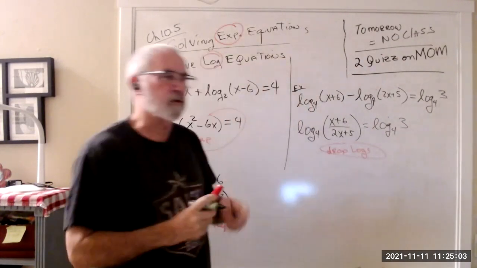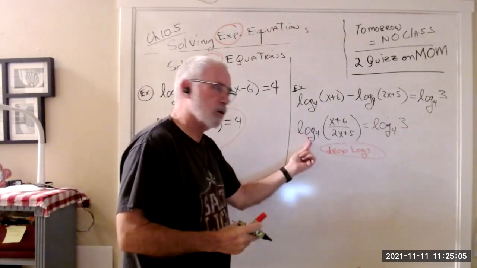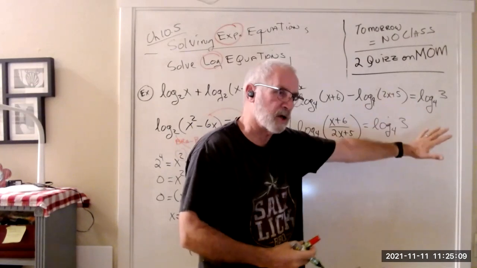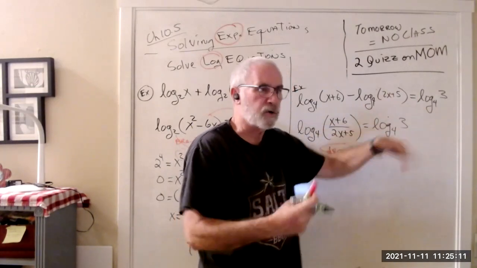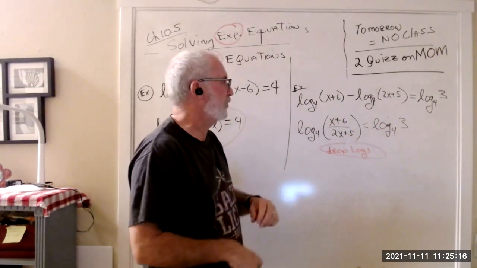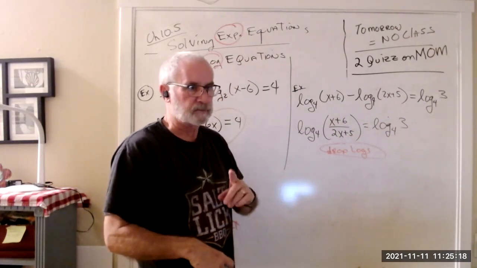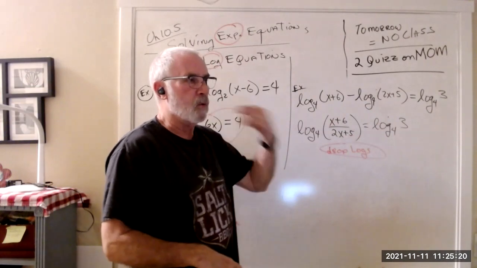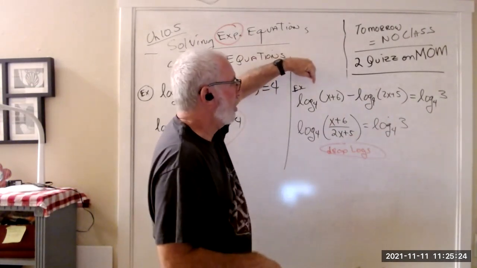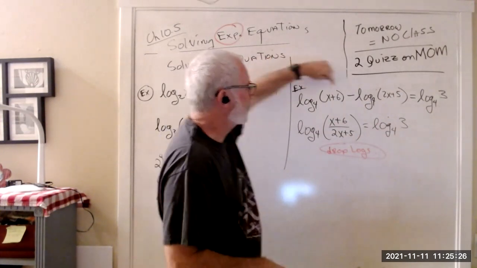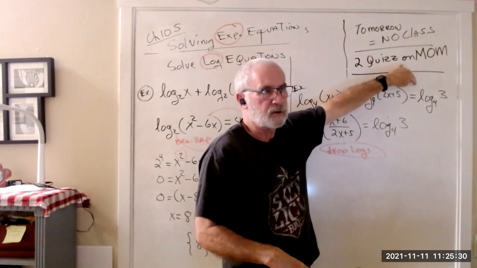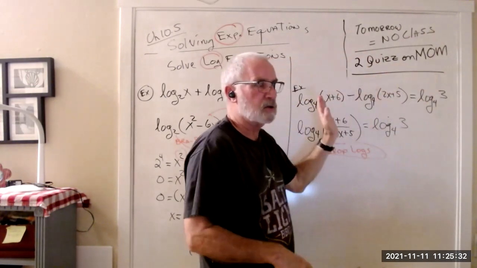Okay. As long as you have one log on the left side, one log on the right side, you can drop the logs. Okay, let me pause for a second. I need everybody's attention for just a second. What students do is they go, oh, this is where all the terms have a log, and I know I can drop the logs. So they just drop the logs.